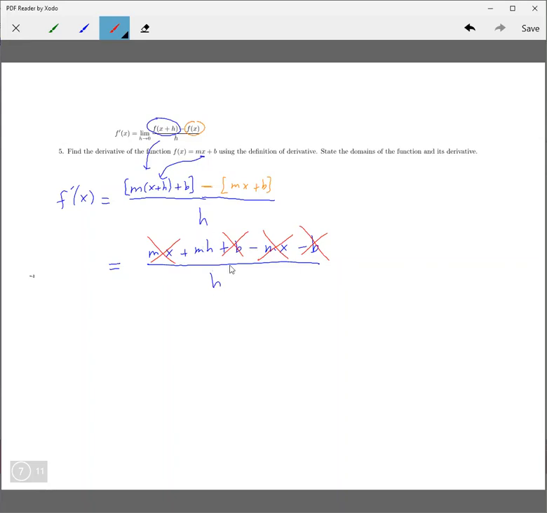And then finally, these h's, with all that gone, oh, dang it. I forgot to put the limit as h goes to 0. I forgot to put this limit piece here. Now with everything gone, the h's reduce, and you just get m as your answer.